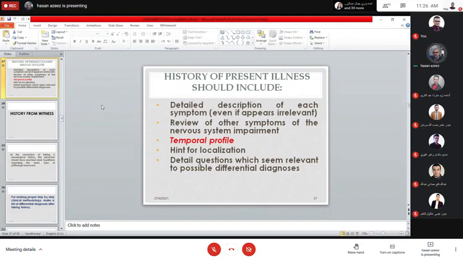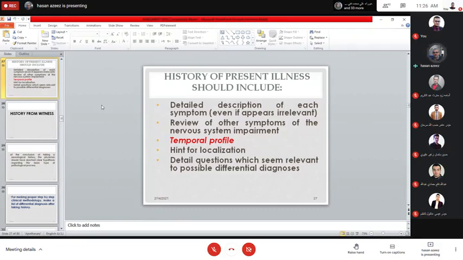History of present illness, giving the story of the patient, should include a detailed description of each symptom, each complaint of the patient, and review of other symptoms of nervous system impairment.